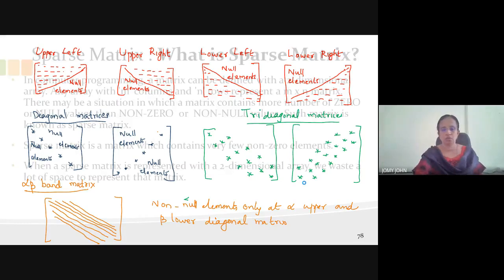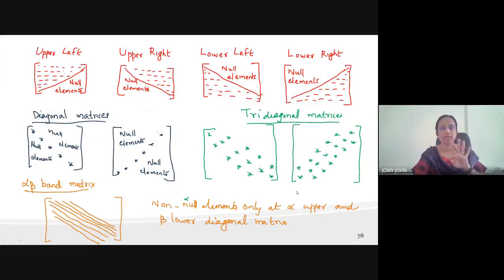This is similar to tridiagonal. In the case of tridiagonal, there are three lines. In the case of alpha beta band, there will be alpha non-null diagonals at the upper side and beta non-null diagonals at the lower side. In the case of tridiagonal, it is exactly three: alpha is one, beta is one. Clear?